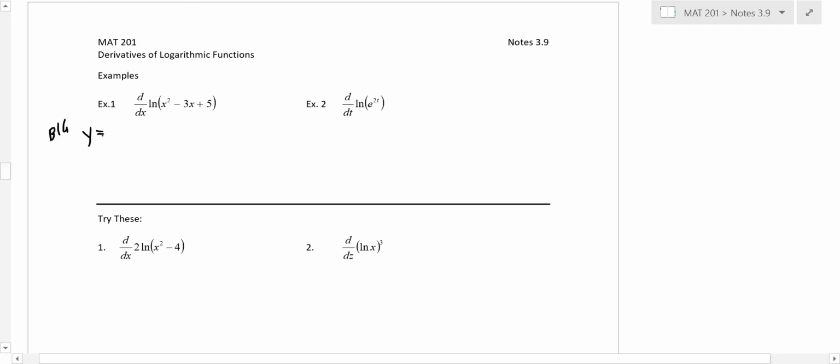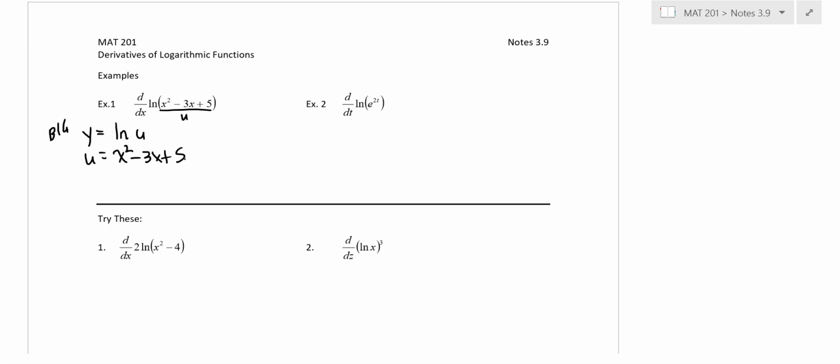It's the ln of something, right? So we're going to say ln of u, where u is x to the second minus 3x plus 5. So we've got the big function, then we have the inside part.